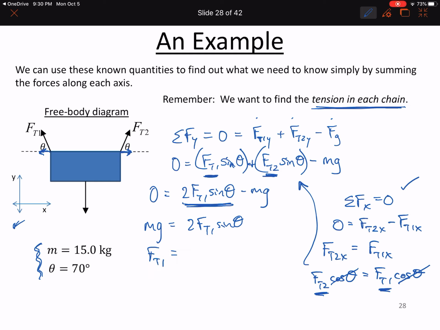And there we are. So this is technically the force of tension in this chain, but it's going to be the same magnitude, just different direction for this one. And so we're basically done at this point. All we really need to do is plug in our numbers and get our final result, which is something like 78 newtons. I'll have the exact number or a closer number on the next slide.